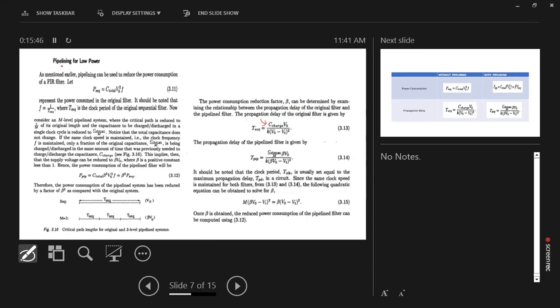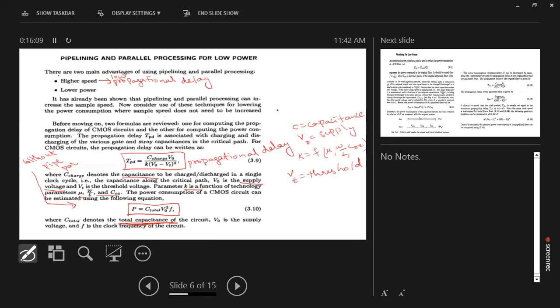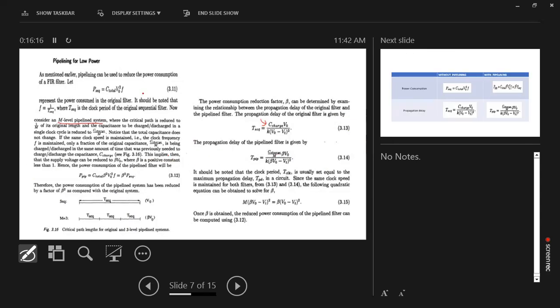It depends on the M value, how many levels the pipelining is divided into. The capacitance charge will reduce by that amount compared to the original. The previous formula was C charge into V naught; now it becomes C charge divided by M, into V naught. C charge will decrease, where M is the number of levels in the pipeline structure.